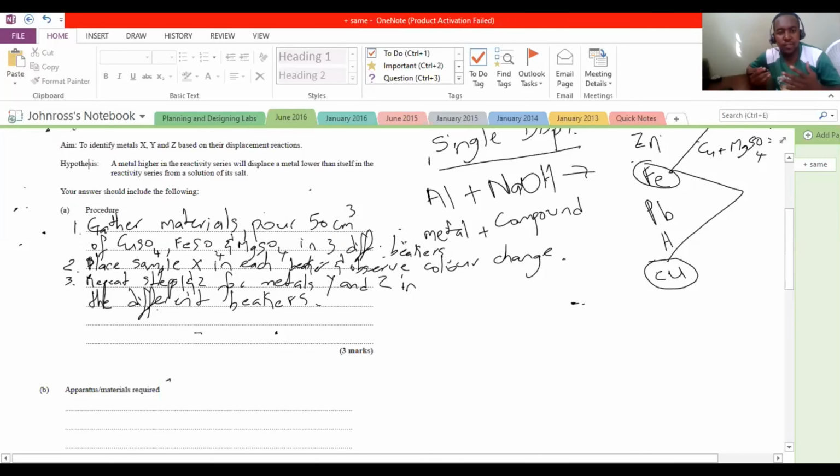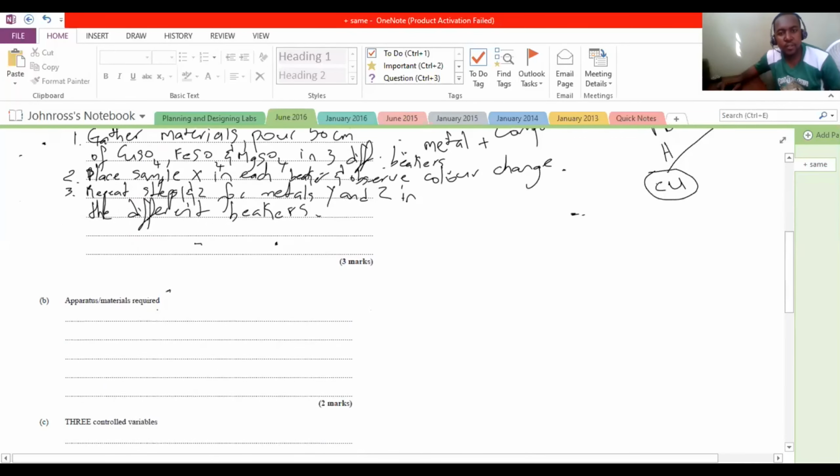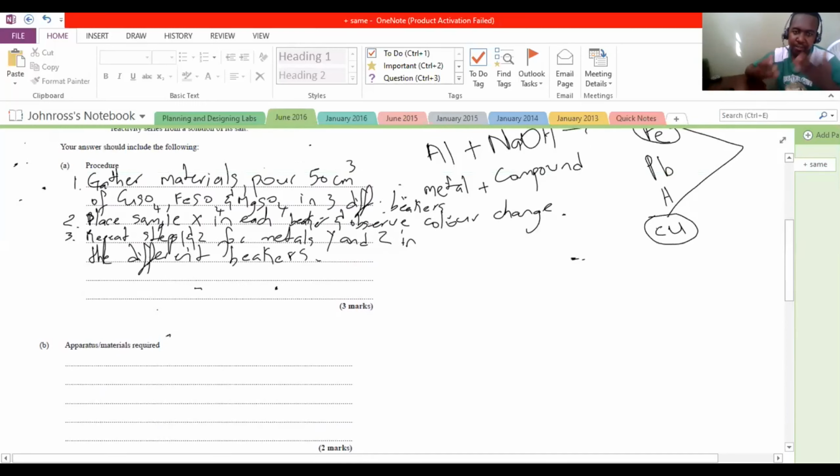All right, so the methods are normally not long, and they should be precise to the point of what you want to be done. Now let's look at the apparatus or materials. This part is simple because we're just taking out what's there in our method and putting it in our list right here.